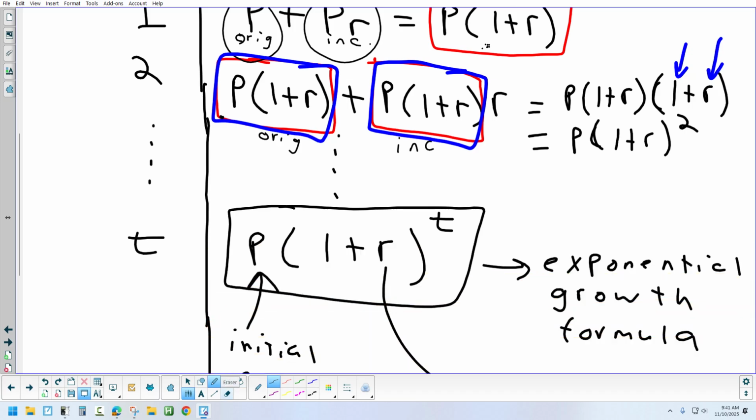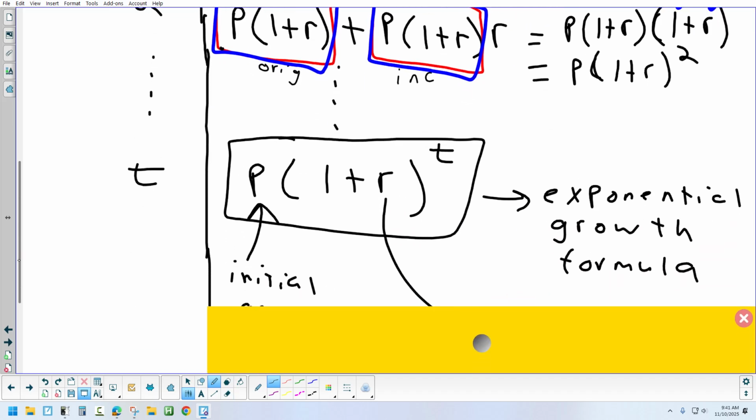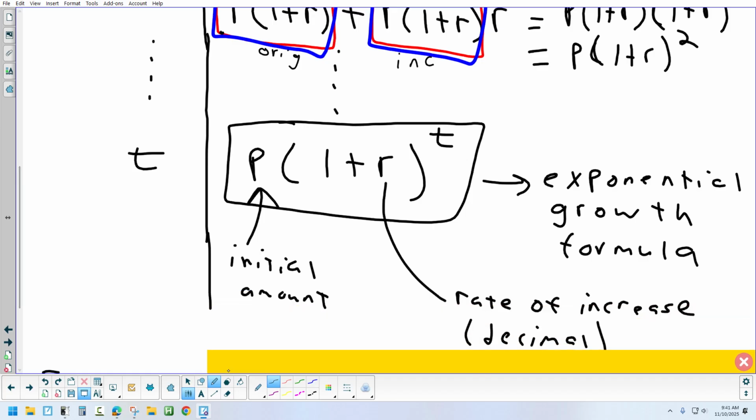And you could keep going with this pattern. You could do it for cubed, and you could see the pattern. I just did it for the first two. But that is the exponential growth formula when you have an initial amount increasing over time. So the values you have to plug in are the initial amount, which could be an amount of people, or an amount of anything.